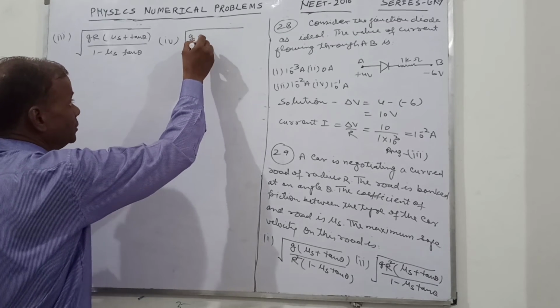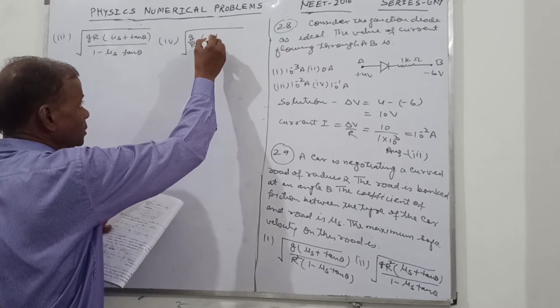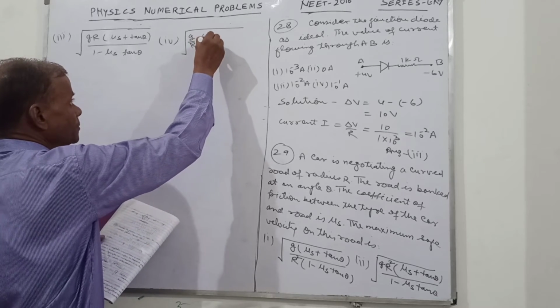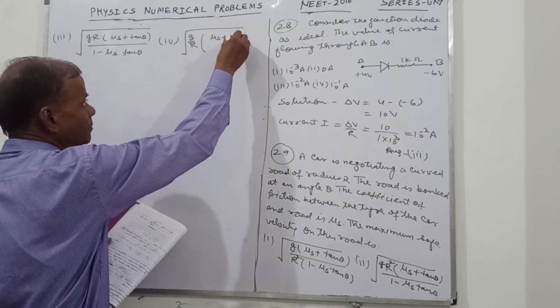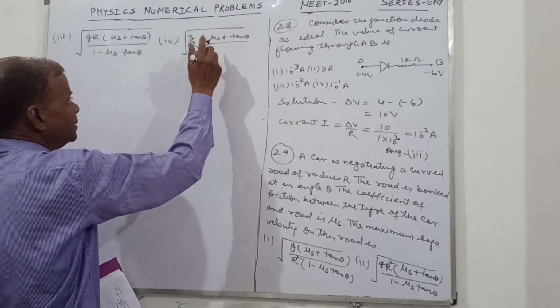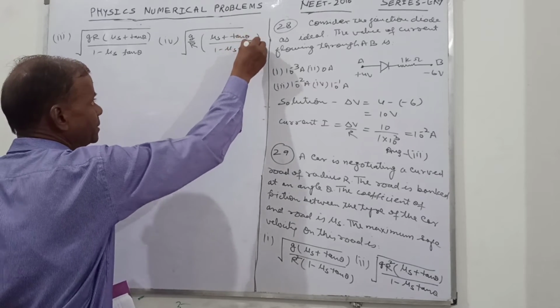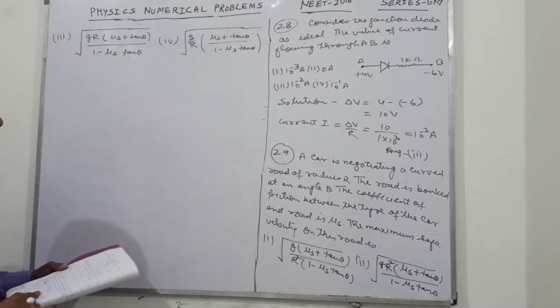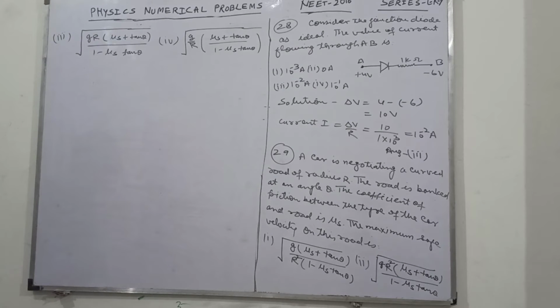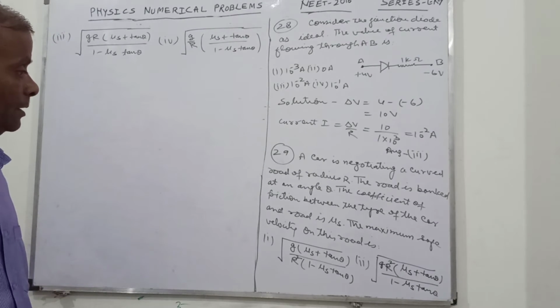Gs upon R into (mu s plus tan theta) upon (1 minus mu s tan theta). These are the options. This is the use of the safe velocity.